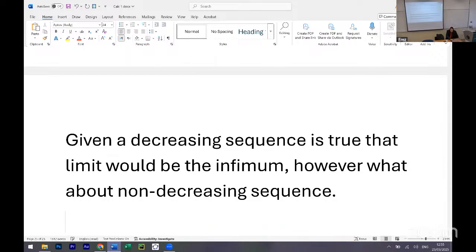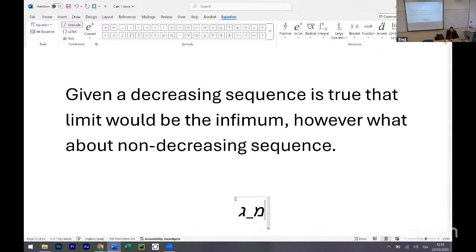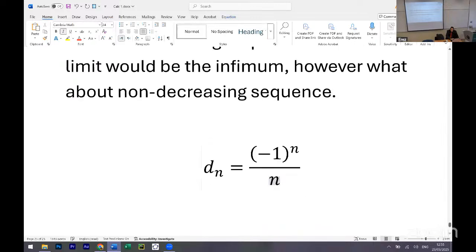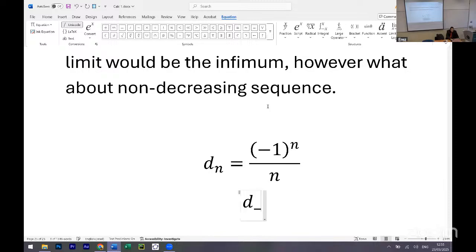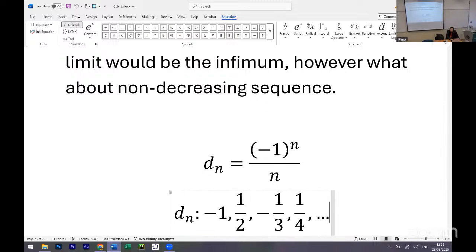But look at the following sequence, let's call it a_n, which is -1 to the power of n over n. Look at the elements here. It starts with -1, then half, then minus a third, then a quarter, and so forth.